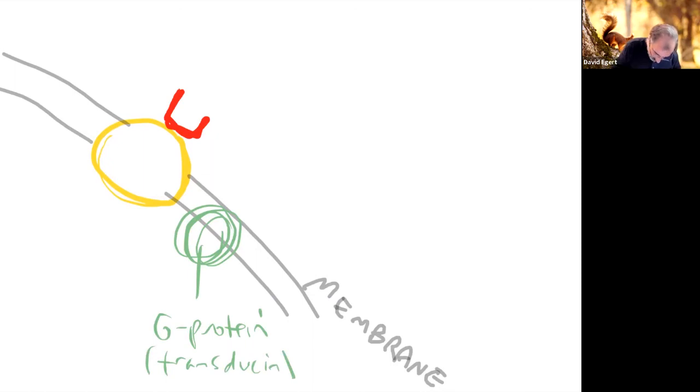And this is my opsin. This is my retinal. All right, so retinal is kind of like a little antenna that absorbs light energy, and when it does, it actually changes its shape.